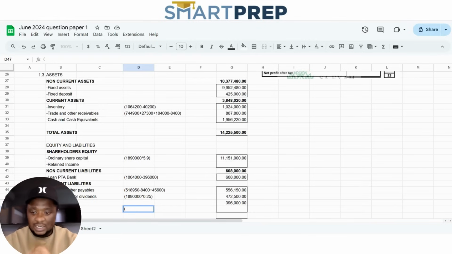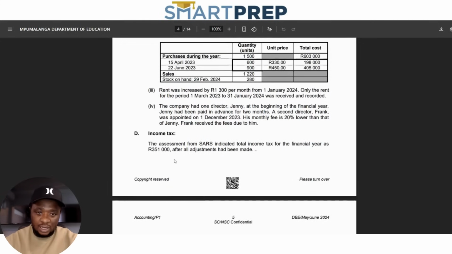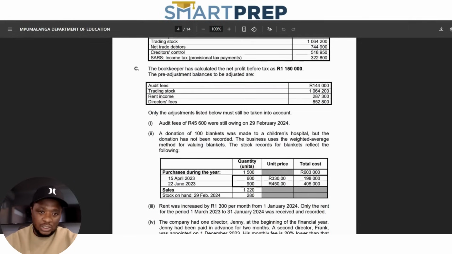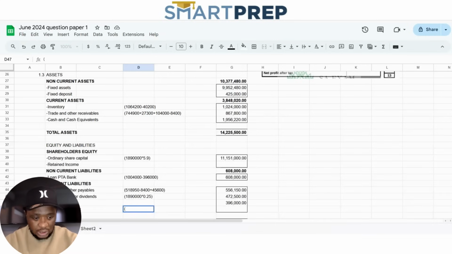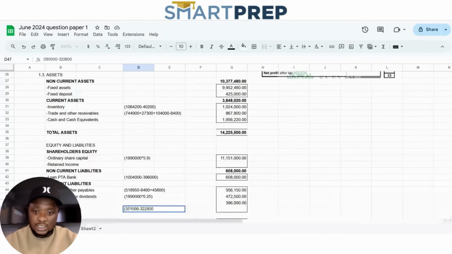And then lastly, we have the SARS income tax. And then the SARS income tax, we're basically going to work it out this way. Basically need to get our tax expense for the year, which was given 351,000. And then we subtract the provisional payments of 322,800. So there we go. So we're going to say 351,000 minus 322,800. Let's double check the number. Yes, 322,800.